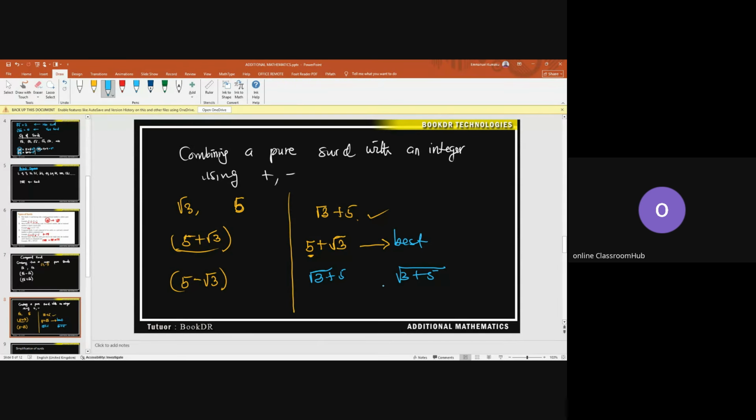To avoid that ambiguity, it is better you bring the integer here, so that in a rush in writing in the examination, the tail here does not seem as if it is covering the 5 as well. In examination, whatever the examiner sees, that's what he or she marks.